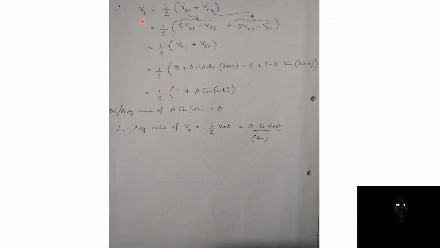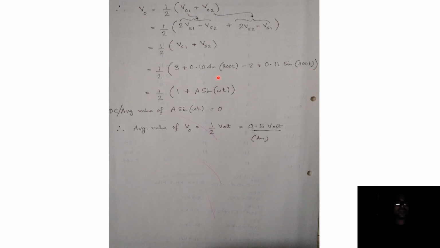So going back to the original question, our objective was to find out the DC value for the output voltage, and we know that V0 is equal to half of VO1 plus VO2, and therefore if we substitute the values for VO1 and VO2 derived in the previous slide, you can find that it comes out to be half of 3 plus 0.1 sine of 300t minus 2 plus 0.11 sine of 300t.